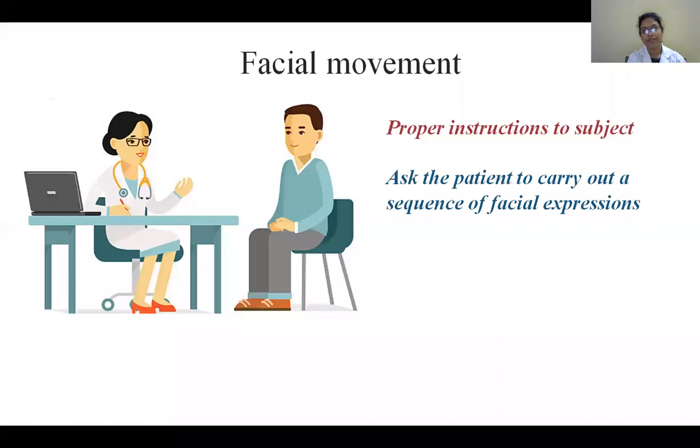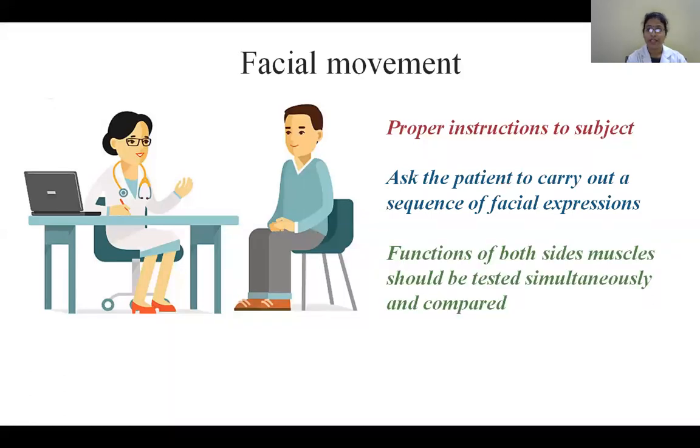The best way is to start with the uppermost facial muscles and then slowly go downwards so that you don't miss any facial muscles in the order. The second most important point to remember is that we are assessing both sides of the muscles simultaneously and comparing both of them. While you do this, you observe for any asymmetry.